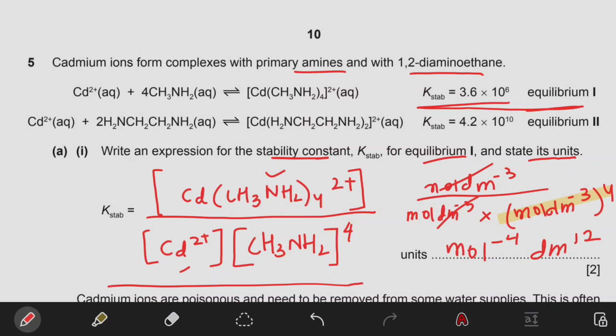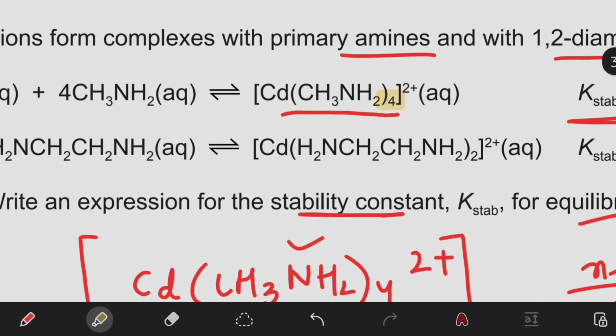How? Because there are 4 of these monodentate ligands, so 1 nitrogen in each ligand and 4 nitrogen cadmium bonds. And in the other equation, this is a bidentate ligand. There are 2 nitrogen in one ligand and there are 2 ligands, right?